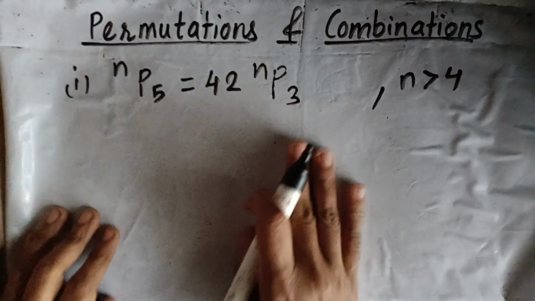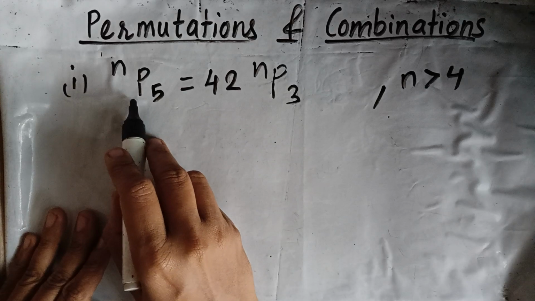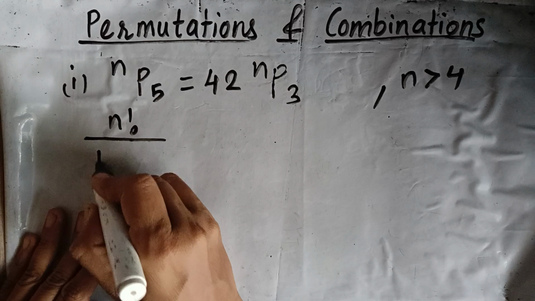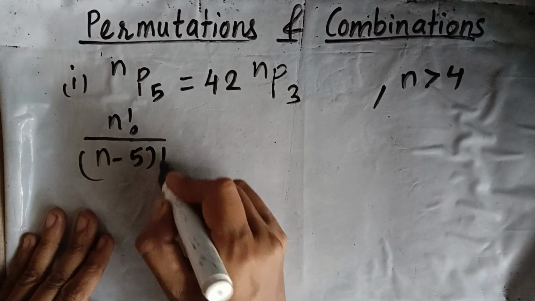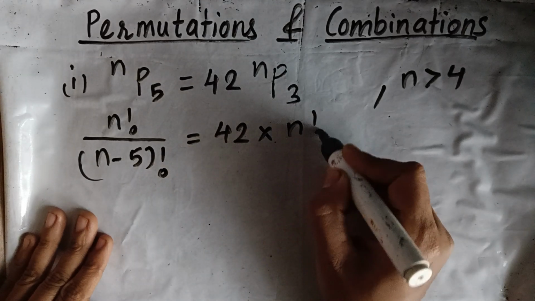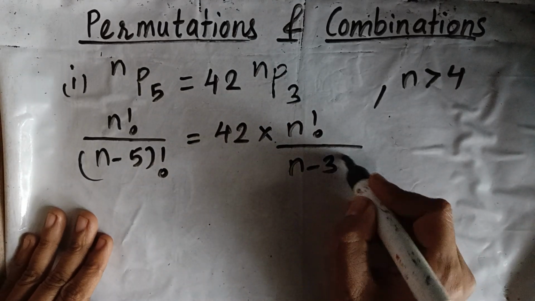So on both sides we can write, using the permutation formula, n factorial upon n minus 5 factorial equal to 42 into n factorial upon n minus 3 factorial.